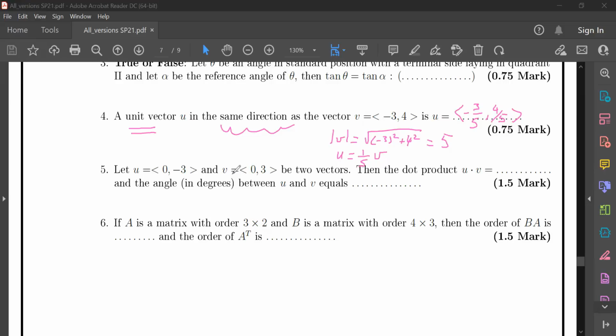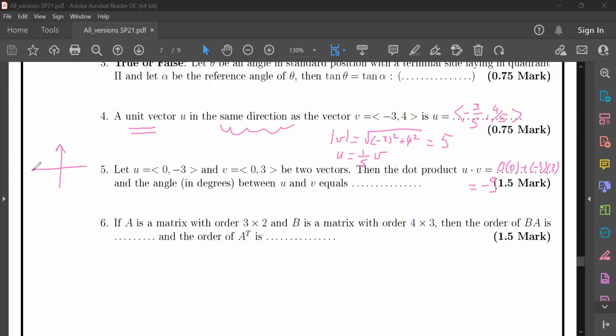Let U and V be two vectors. The dot product U dot V, this is easy. It's 0 times 0 plus negative 3 times 3, and this gives negative 9. The angle in degrees between these two vectors: we have two options.